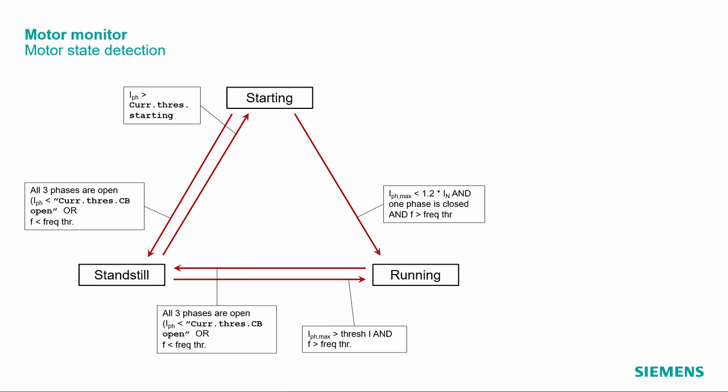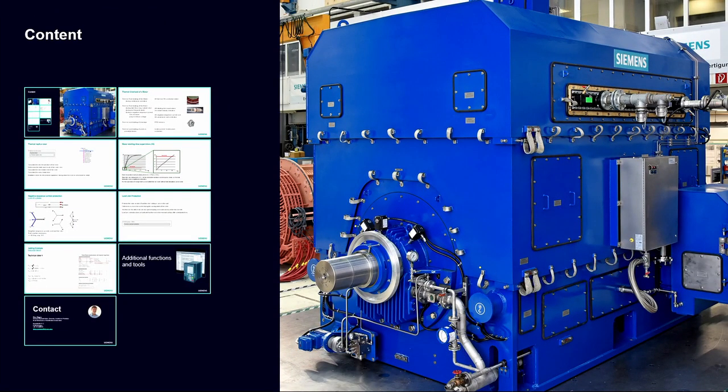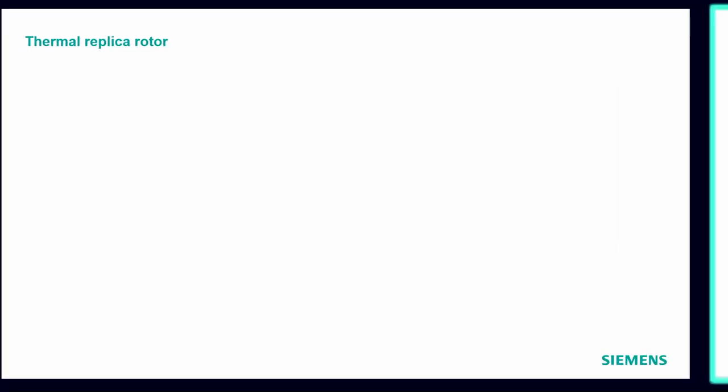Just have a look, and in one of the next manuals I think we will have a modification of this state model, again to handle a little bit better also some dynamic effects. Good, so that's the state model in the motor monitor.